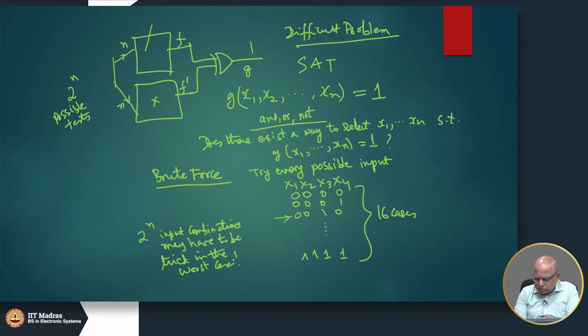There is a luck factor. When we start trying, maybe in the second trial it works. But in the worst case, we may end up applying all the 2 to the power n vectors. So, in other words, there is no polynomial time algorithm.